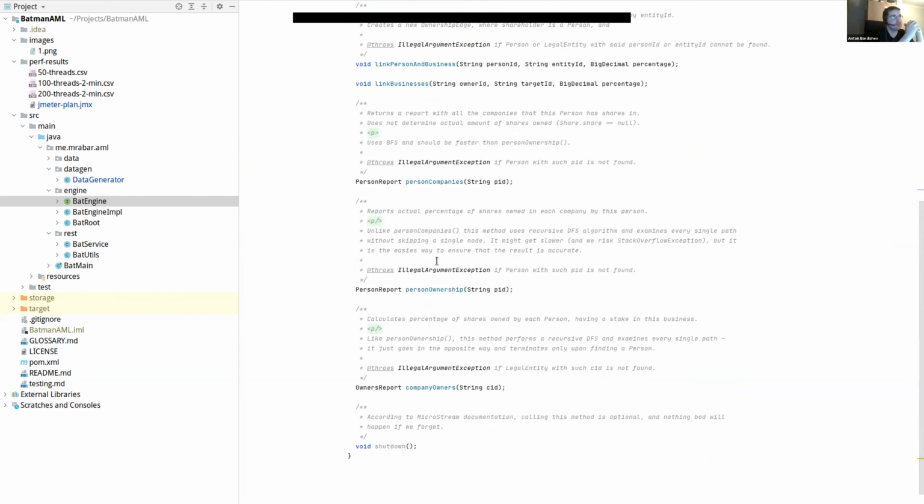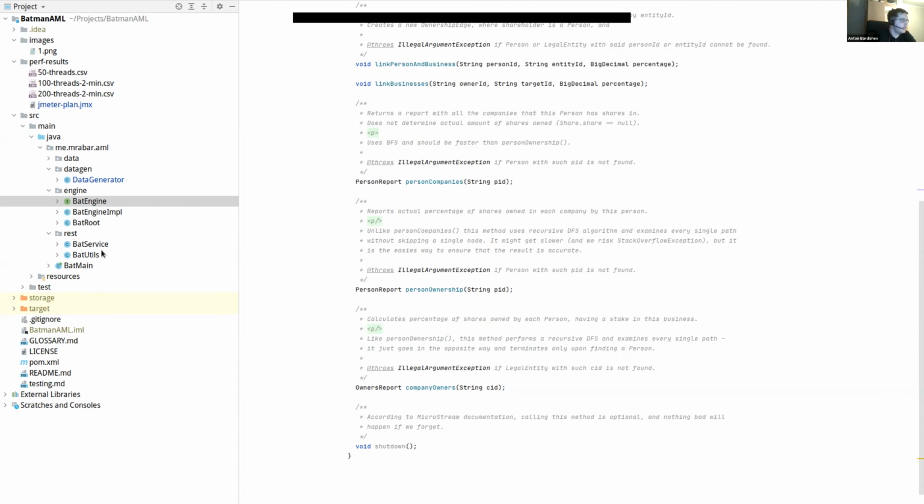And then we have three methods: to find shares of a person, to find owners of a company, and a quicker, simpler way to find what companies one person controls without calculating shares. That's a little bit faster because we don't have to multiply floating numbers. And yes, I hacked it somehow together.